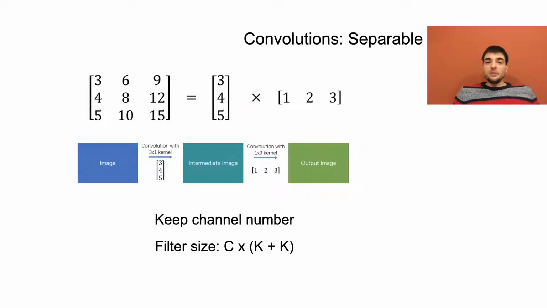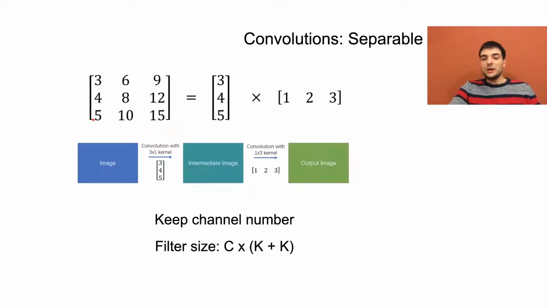And speaking about separable convolutions, it's another beautiful idea. So when we have some matrix, actually this is a filter, this is the kernel of our convolution, we can always factorize it and use 2 vectors, which, if we multiply them, will give us the same matrix we had on the input.